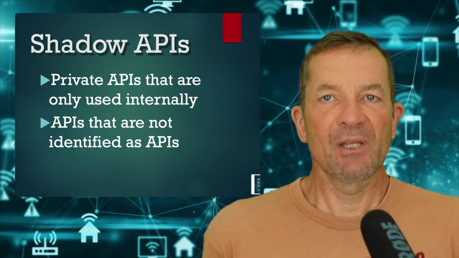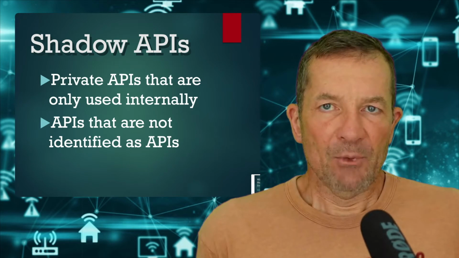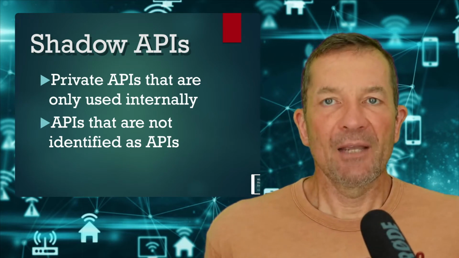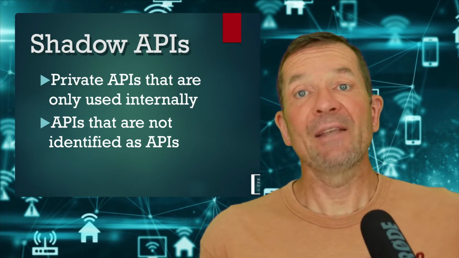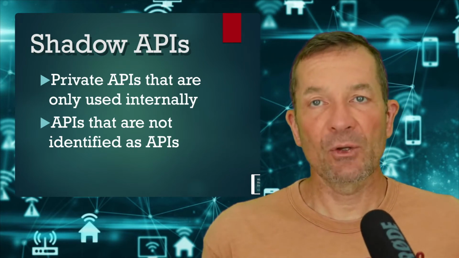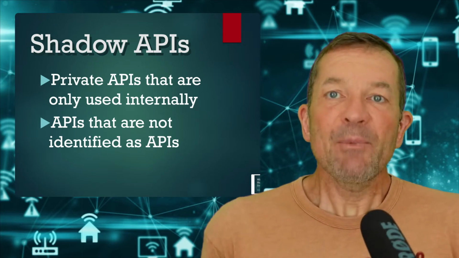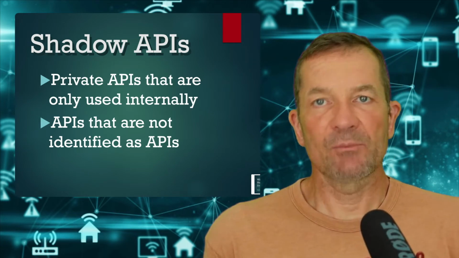It's not something that has to go through this more intentional process of opening up something by creating an API for consumption, either by an external party or that has to be exposed externally in some shape or form. But this API still exists and is a possible point of attack, so that's a problem.